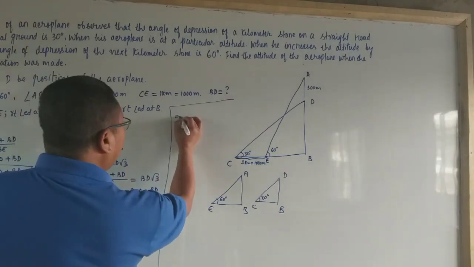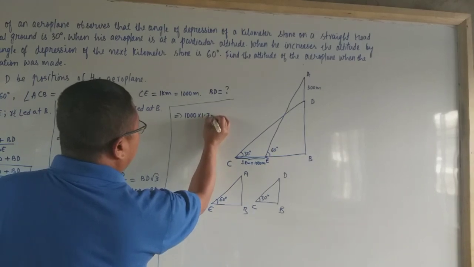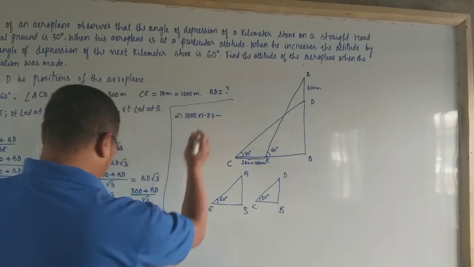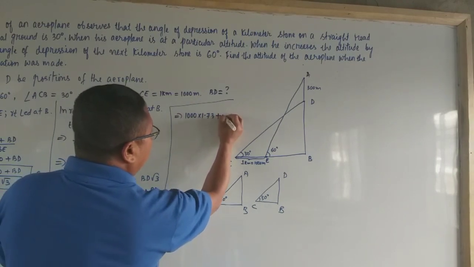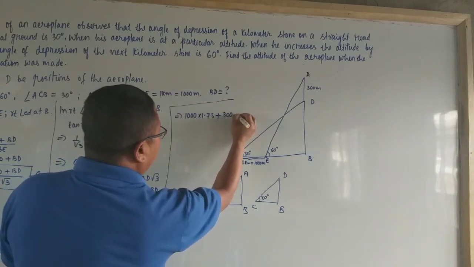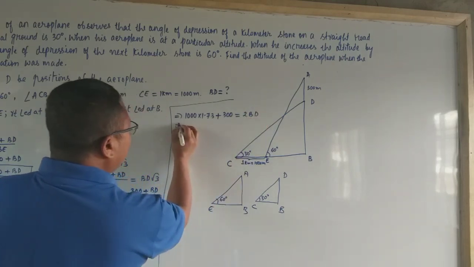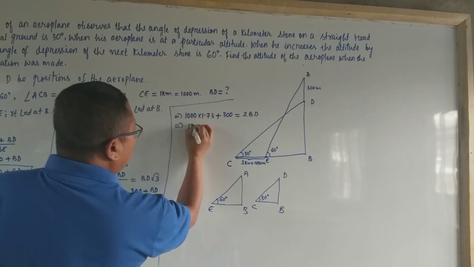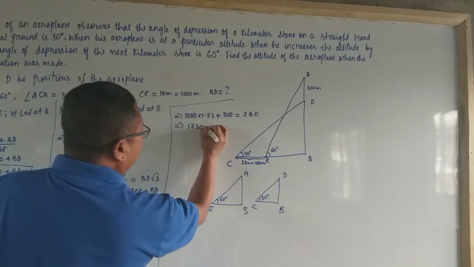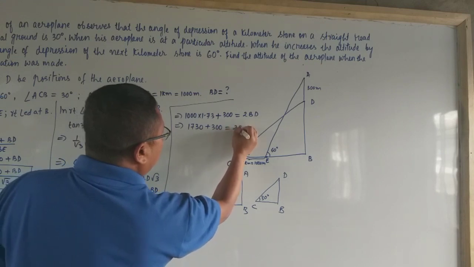So 1000 into 1.73, this is minus 300 here. So when you transfer it to the left hand side, it becomes plus 300 equal to 2BD. So on multiplying, this would become 1730 plus 300 equal to 2BD.